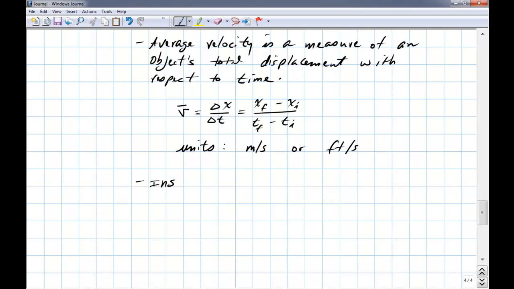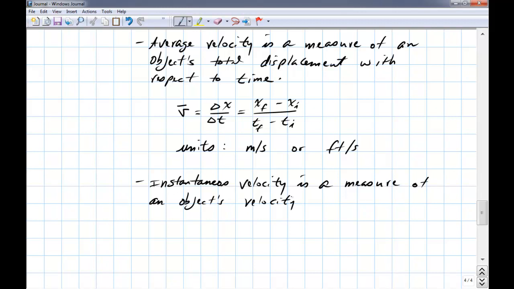Instantaneous velocity is a measure of an object's velocity at a specific instant of time.